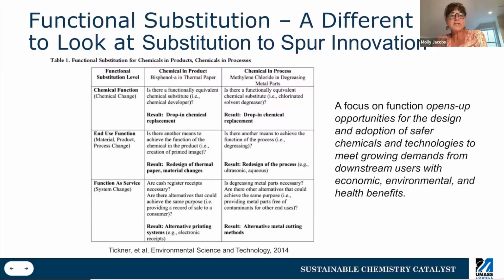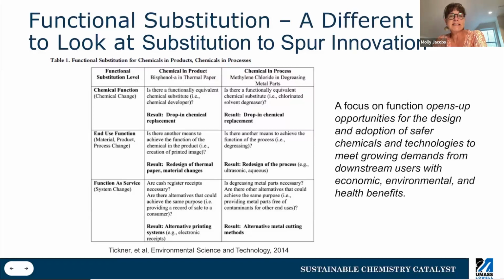A focus on substitution on function opens up opportunities for the design, as well as the adoption of safer chemicals and technologies to meet the growing demands of downstream users that have both economic, environmental, and health benefits.